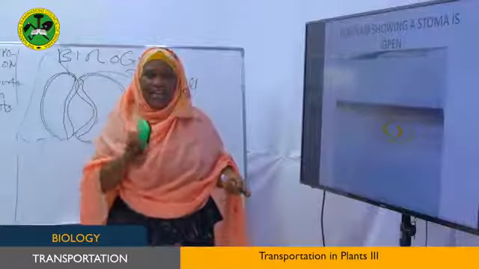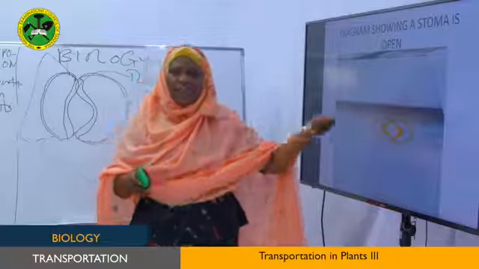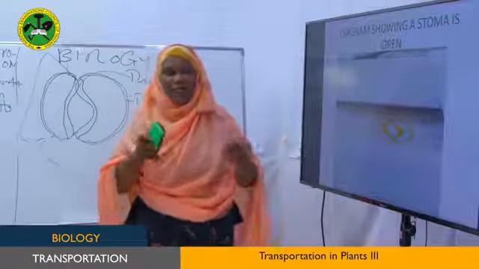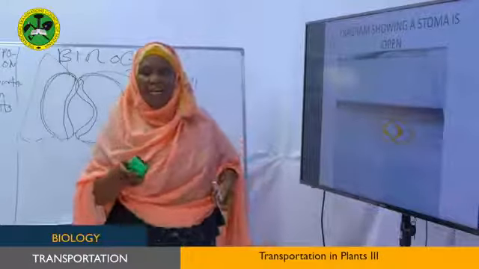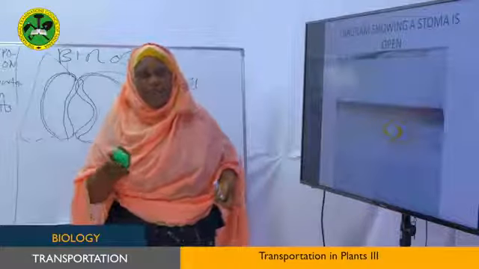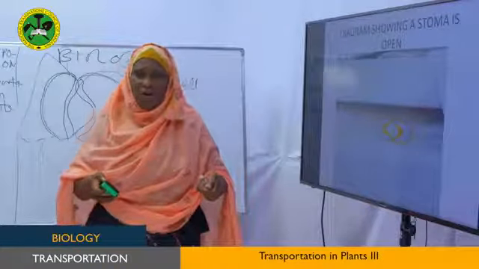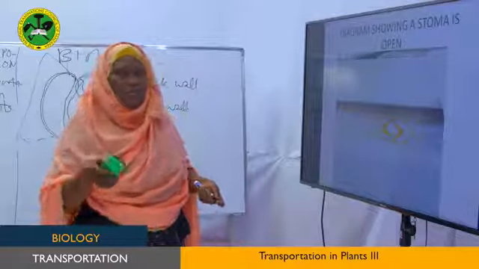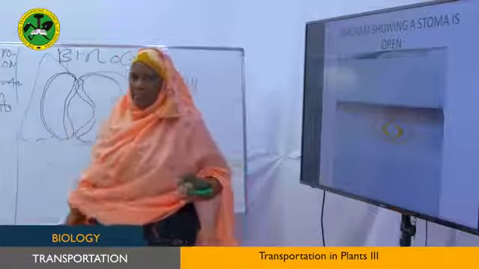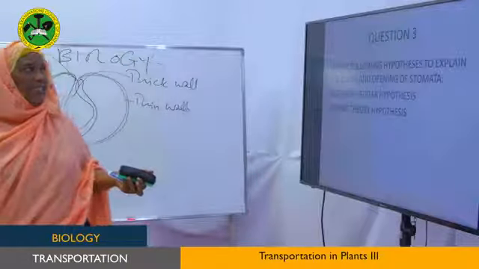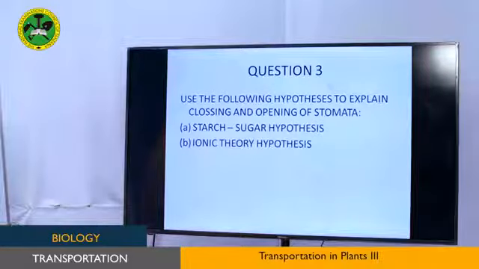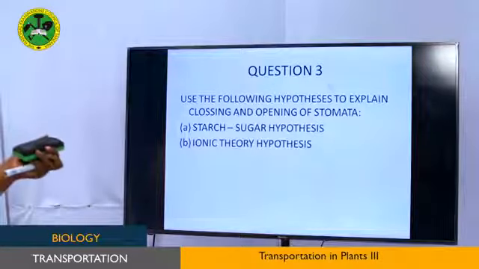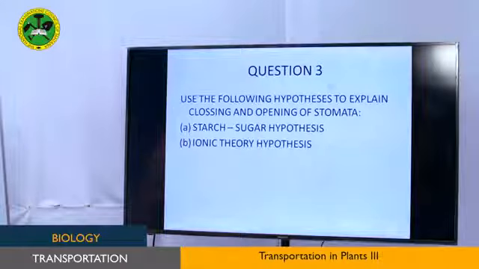After discussing the structure of the stoma, then you are required to discuss the so-called mechanisms of opening and closing of stomata. I'm going to use the question there. That is question number 3. Question 3 says: use the following hypotheses to explain closing and opening of stomata.